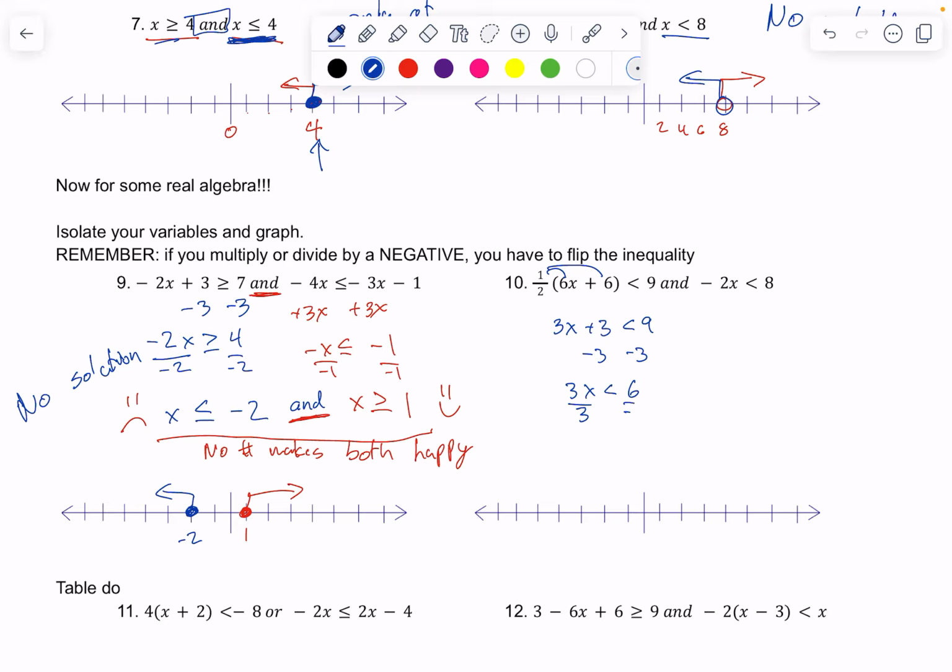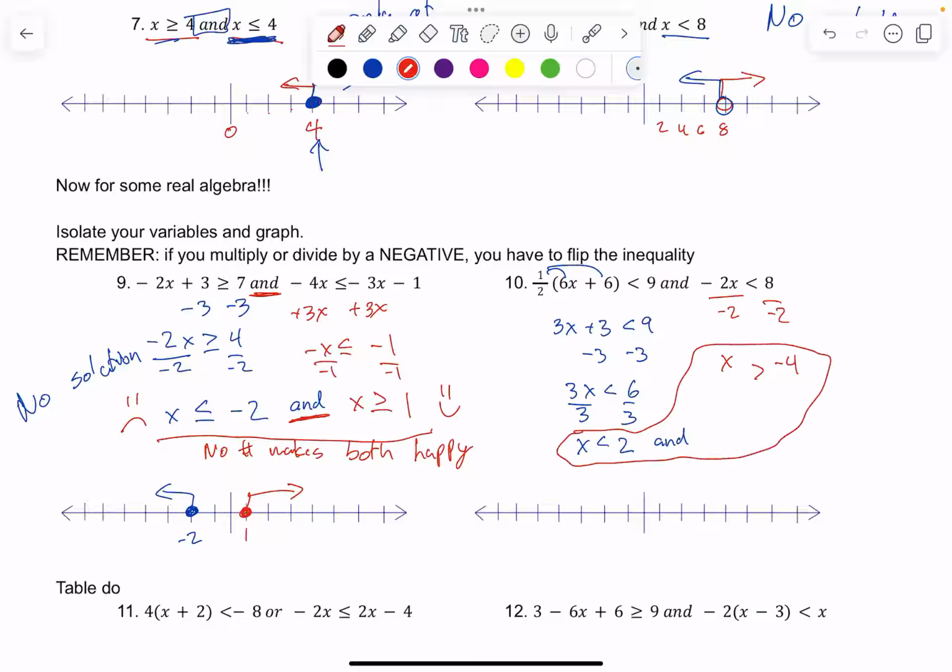Divide by 3, divide by 3, x is less than 2. Okay, got 1. And on the other side, this is simplified. I'm just going to divide by negative 2, divide by negative 2. Swap the signs, and I get x is greater than negative 4. So here are my final answers.